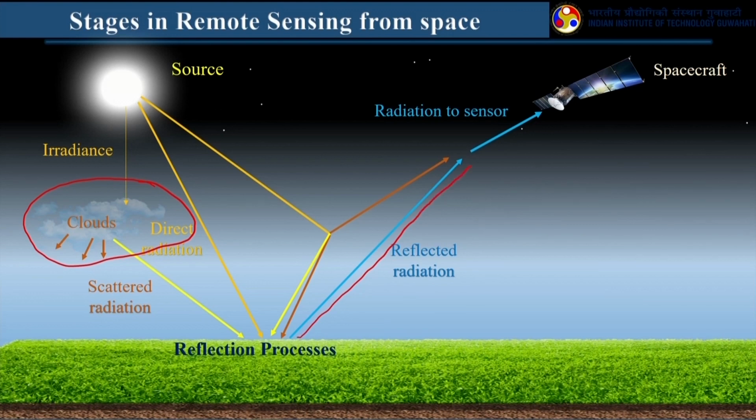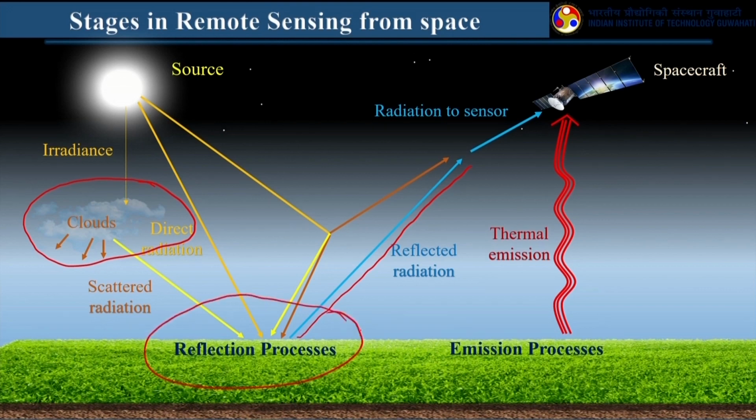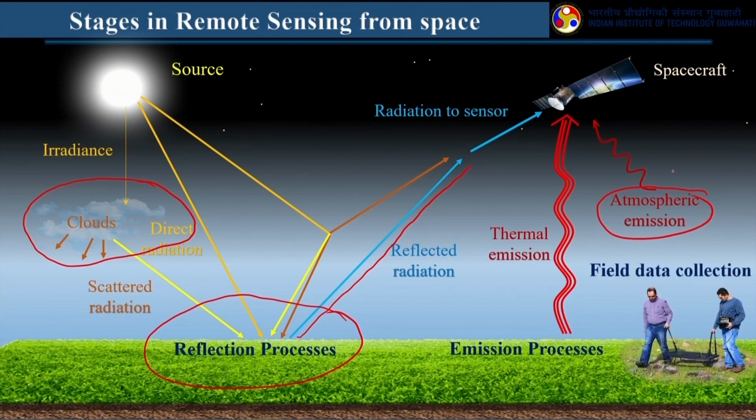So, this is one of the processes. In the other process, where emitted energy is involved, some of the energy which has been absorbed here will be emitted after some time. Those energies will reach our sensor, and there will be some atmospheric emission also, and then finally you have field data collection.